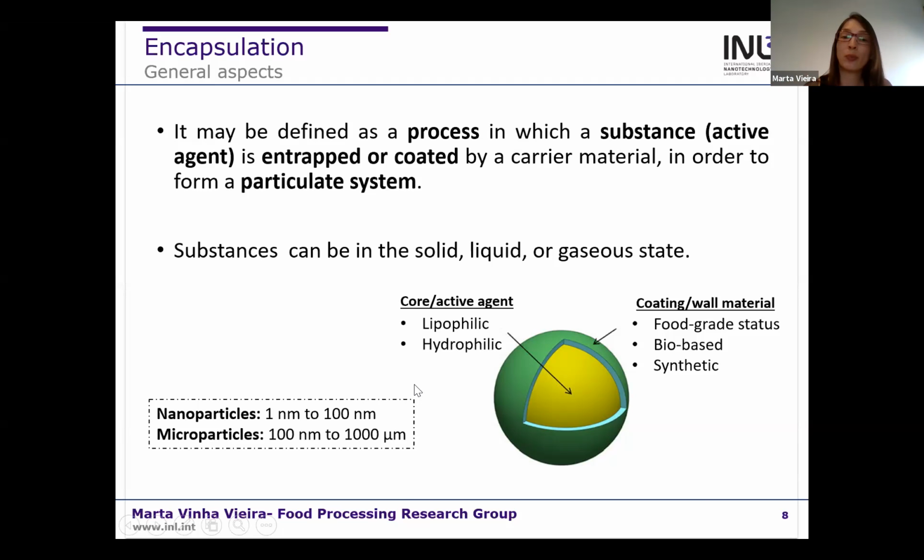The active agent could be of a lipophilic or hydrophilic nature, and the coating material for food application must have a food-grade status, and it could be bio-based or synthetic. There are different techniques to produce particulate systems, and the selection of the technique will depend on the final physicochemical properties of the system, and of course the application, the finality of these particles.